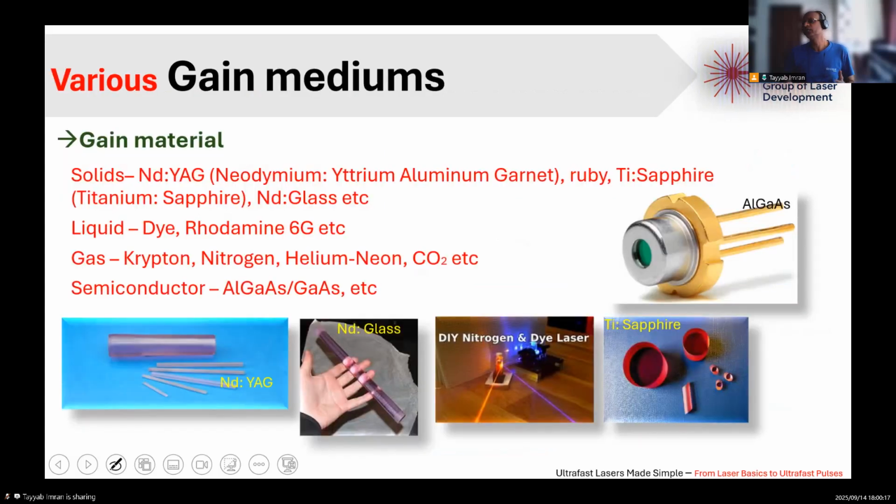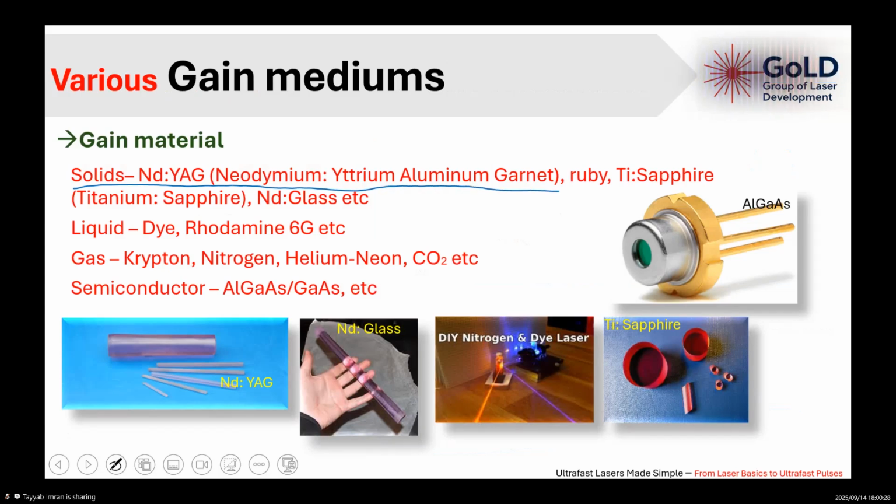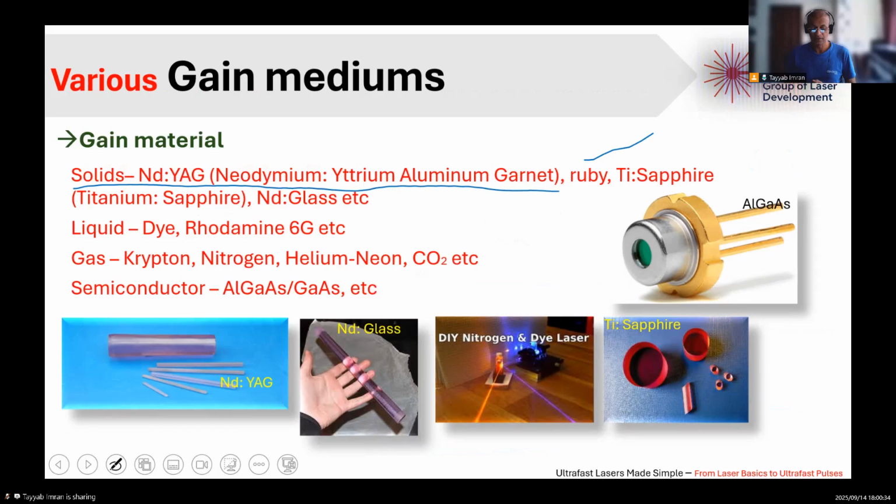So there are a number of gain mediums. You already know that among solids we have Nd:YAG, neodymium-doped yttrium aluminum garnet. Ruby is also a gain medium. Titanium sapphire is also a gain medium. Nd:glass is also a gain medium.